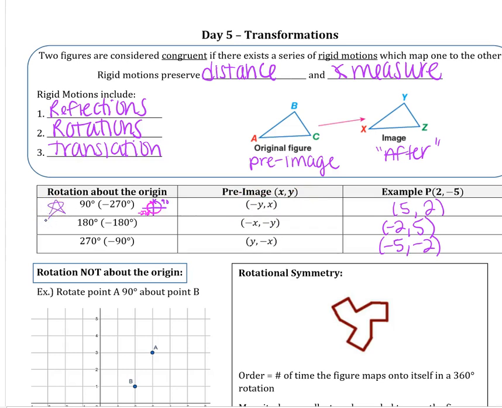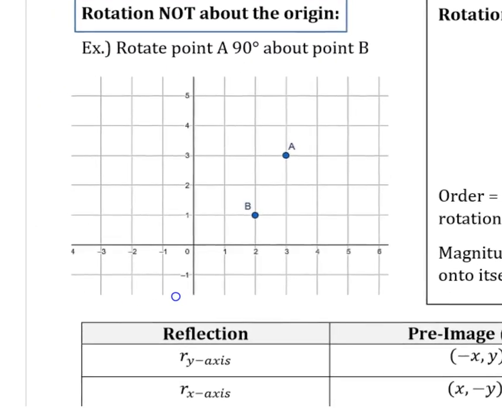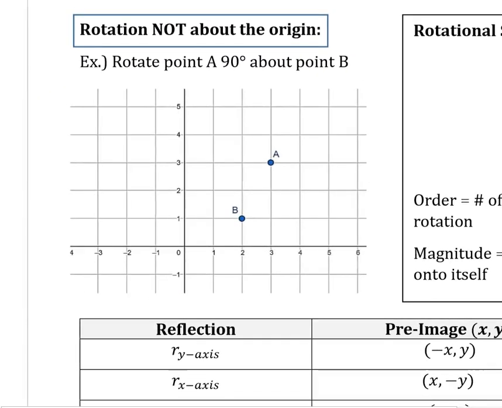If we rotate a point not about the origin, we have to use negative reciprocal slopes to help us. So for example, zoom in here, if I'm going to rotate A 90 degrees about point B, keep in mind 90 degrees would be moving that way, counterclockwise. So if I look at the slope from A to B, it looks like it's a slope of positive 2, because I go up 2 over 1.